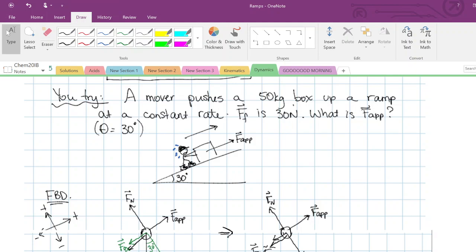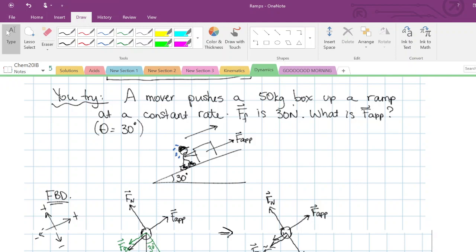What's the force applied? Now this mover is pushing the box up the ramp. So if the motion is in the upward direction, that means that friction is going to be down. So again, here's my free body diagram. Force gravity is acting down, force applied is acting up the ramp, force friction is acting down, and force normal is perpendicular to the surface.